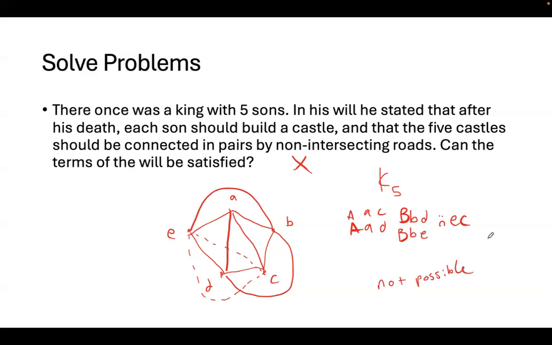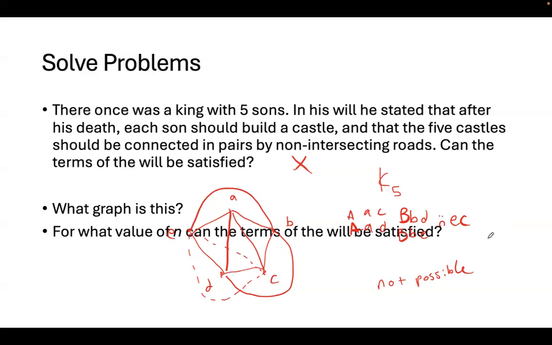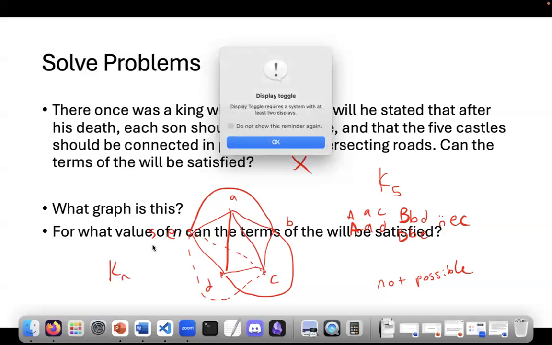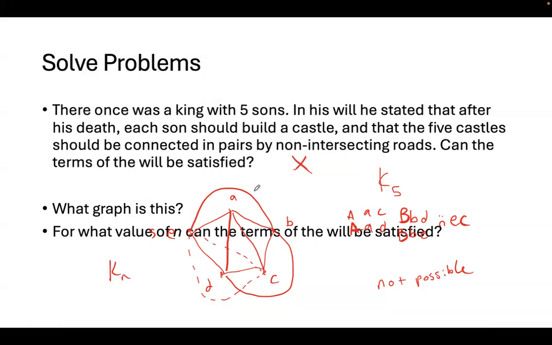Okay. And I just realized that there's text that's going to show up below this. So what graph is this? We answered that K5. The question here says, for what value of n, so if we're doing Kn, for what values of n can this be satisfied? So for n equals 5, thumbs down.